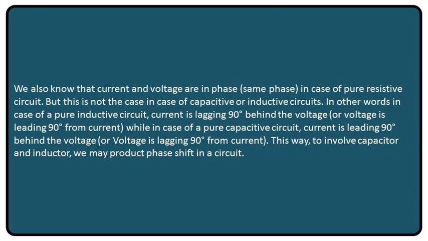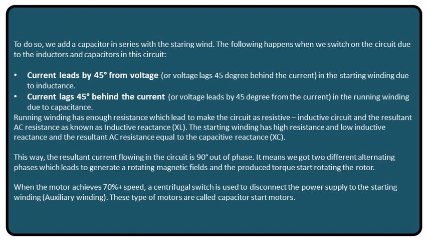In a pure inductive circuit, current lags 90 degrees behind the voltage, or voltage leads by 90 degrees from current, while in a pure capacitive circuit, current leads the voltage by 90 degrees, or voltage lags 90 degrees behind current. This way, by involving a capacitor and an inductor, we may produce a phase shift in a circuit. To do so, we add a capacitor in series with the starting winding.